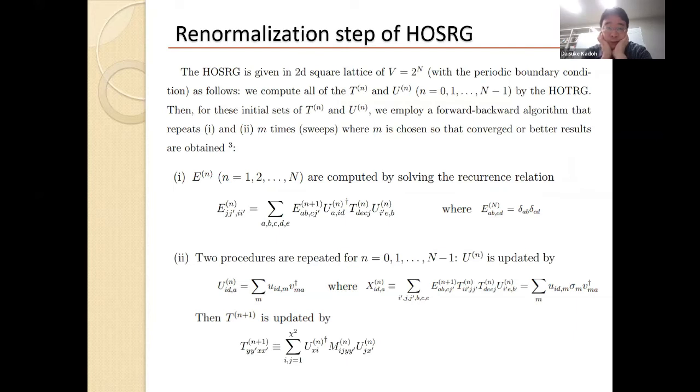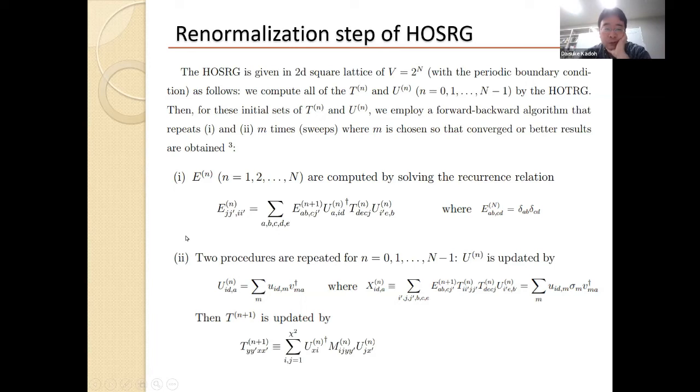Okay, this summarizes the renormalization step of higher order SRG. Firstly, the Tn and Un are generated by the normal higher order TRG. Tn and Un are the initial set of the tensor and isometries at the nth renormalization step. Then we use forward and backward algorithms that repeat these two steps.